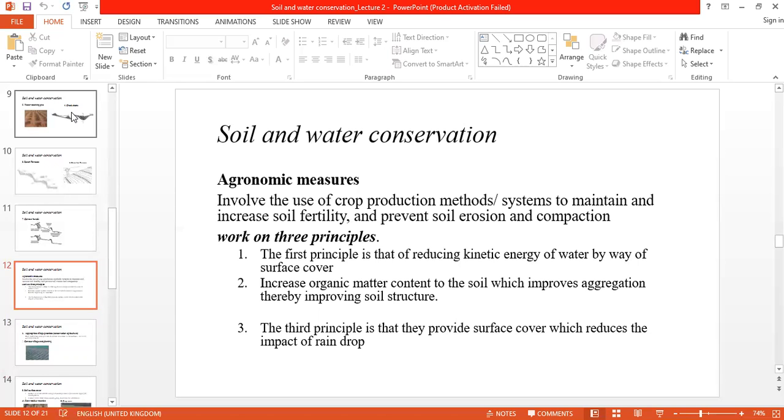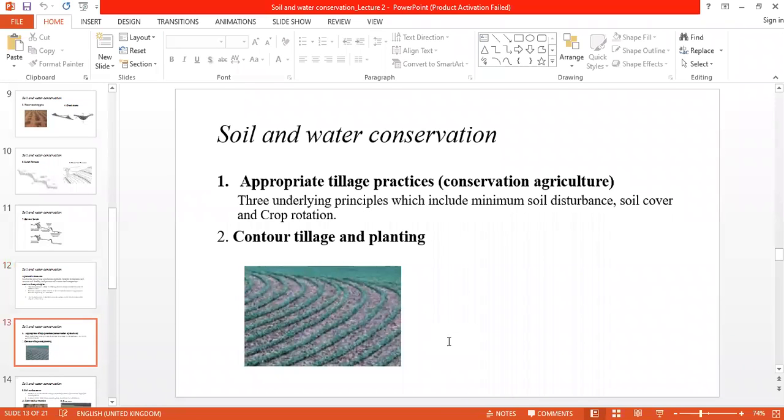The first stage is detachment, where the rain detaches small particles. This third principle counters that effect, where the raindrops, instead of disintegrating the soil particles, are prevented from doing so. So it always reduces detachment.